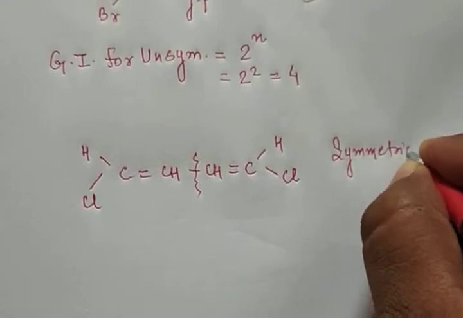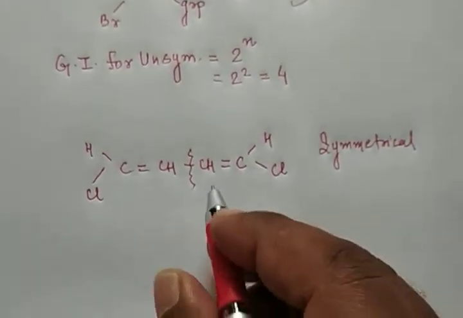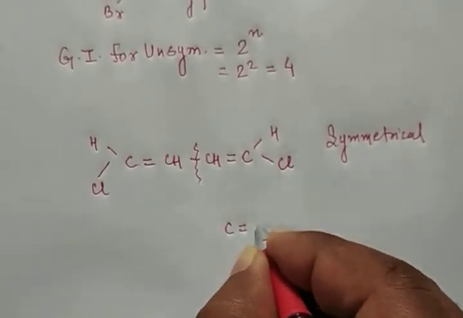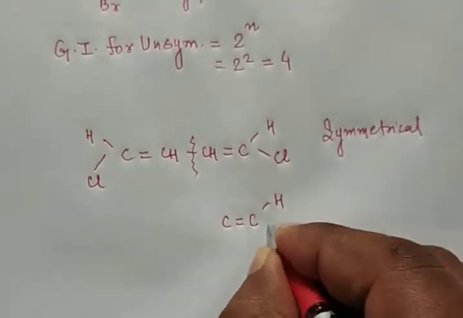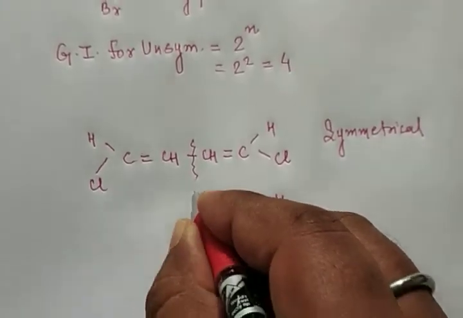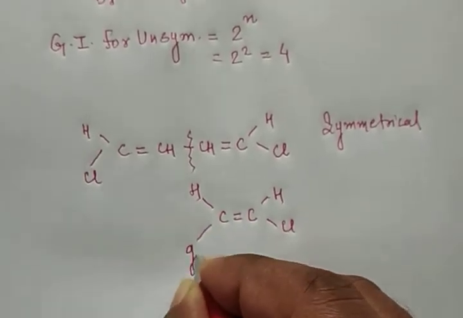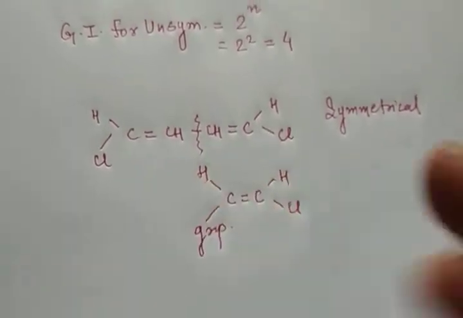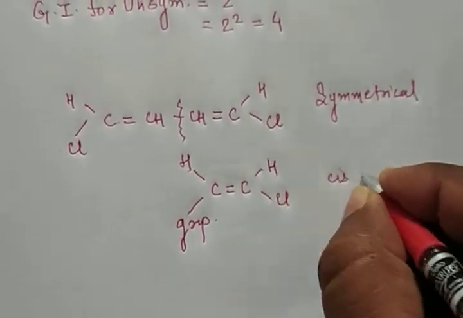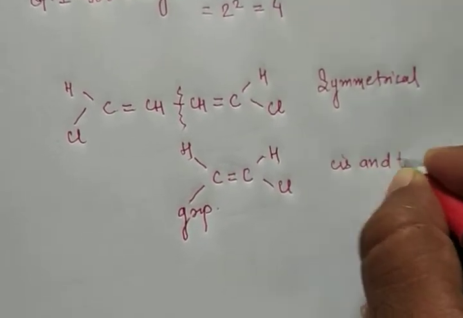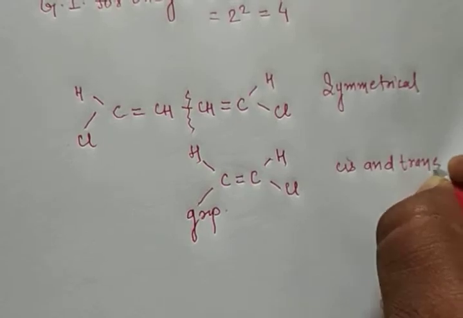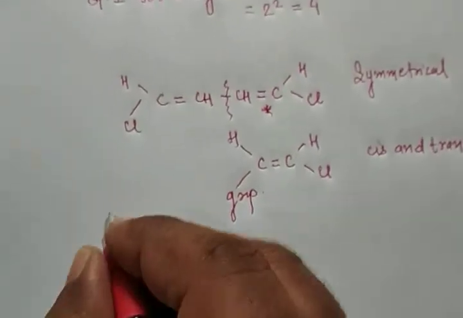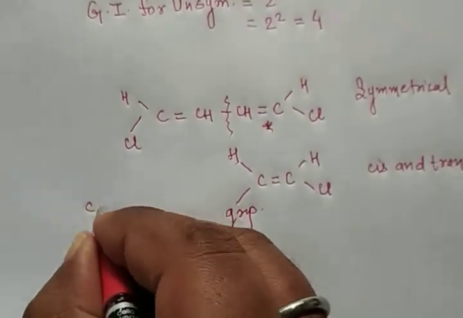Now check how many geometrical isomers there are. Again check on that carbon double bond.